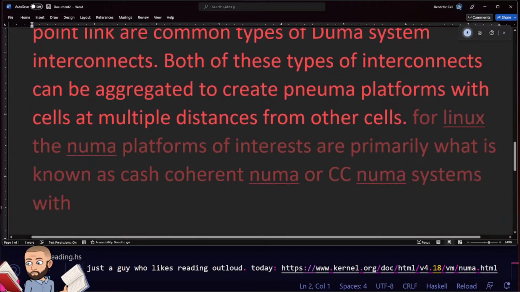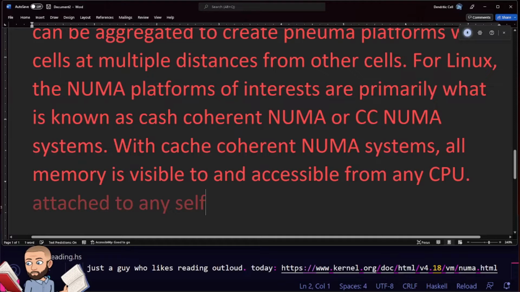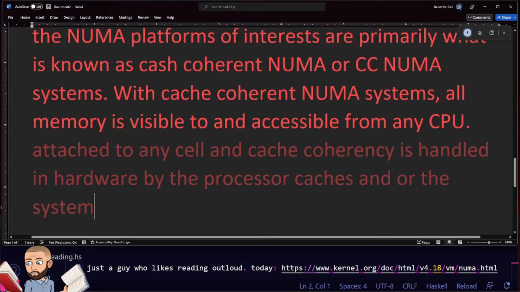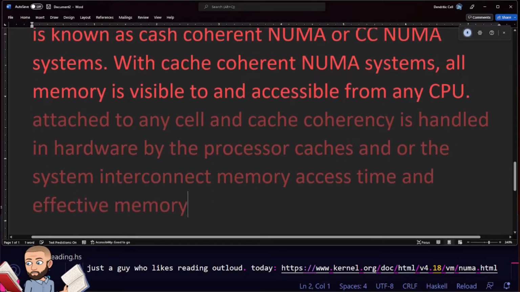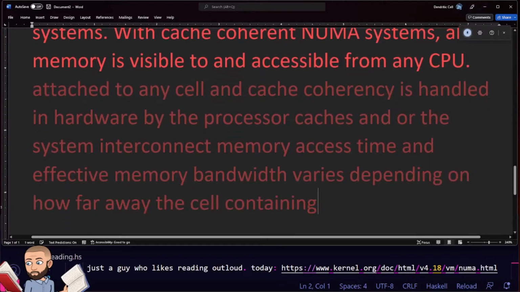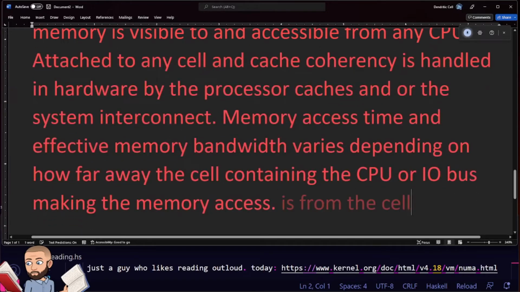With cache-coherent NUMA systems, all memory is visible to and accessible from any CPU attached to any cell, and cache coherency is handled in hardware by the processor caches and/or the system interconnect. Memory access time and effective memory bandwidth varies depending on how far away the cell containing the CPU or I/O bus making the memory access is from the cell containing the target memory.